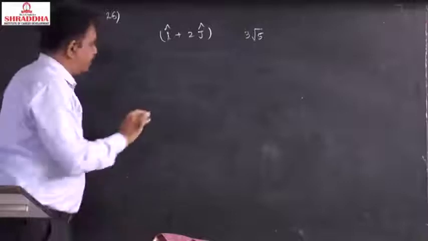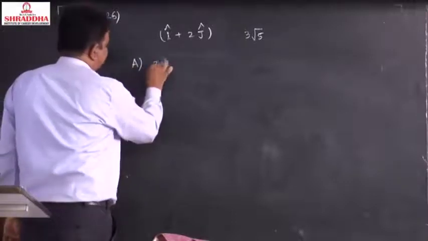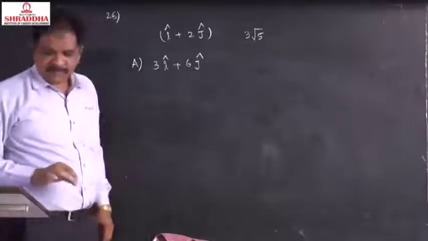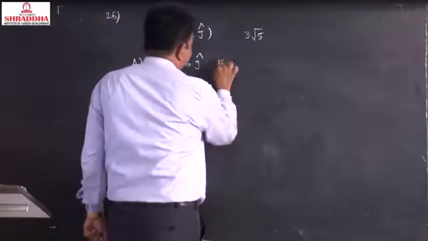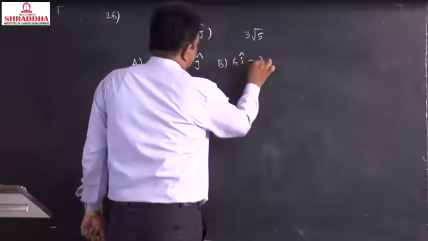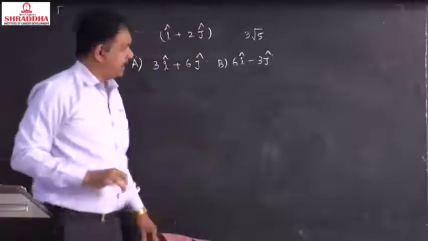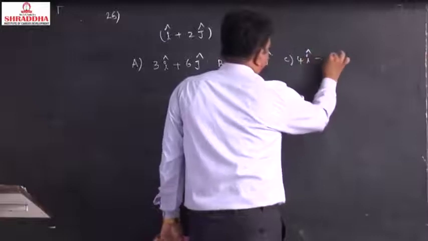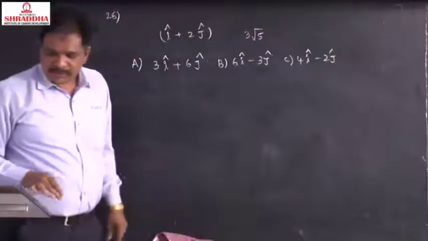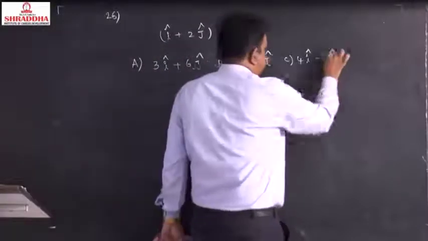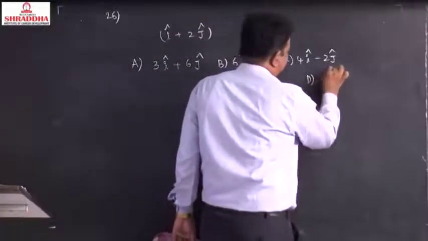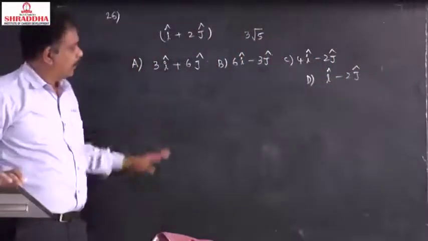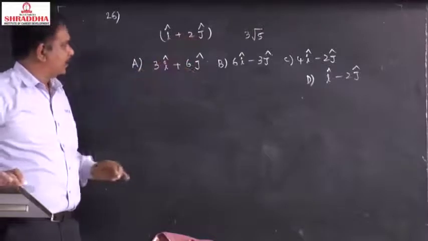The given vectors are: a) 3i plus 6j, b) 6i minus 3j, c) 4i minus 2j, d) i minus 2j.